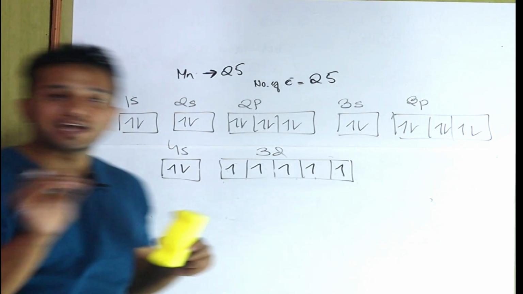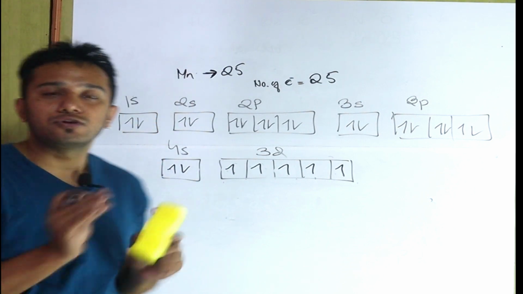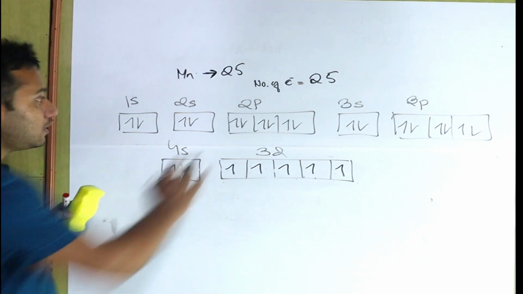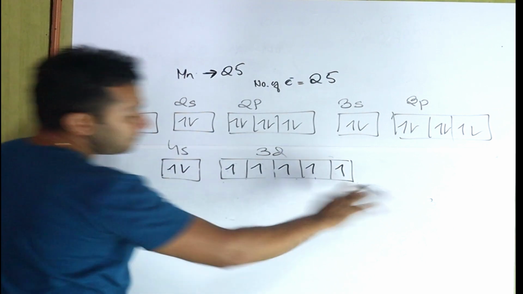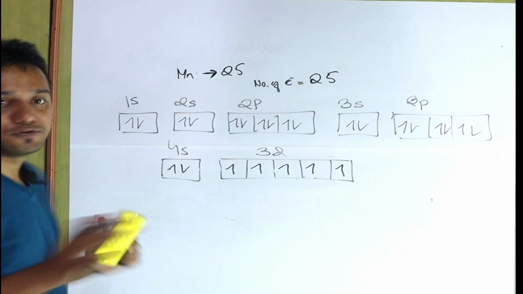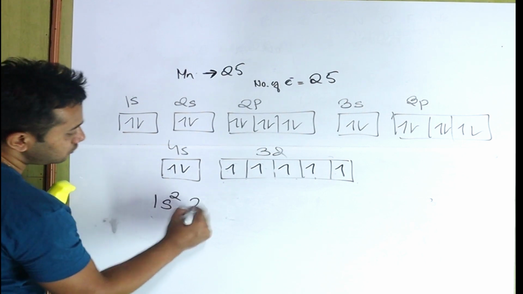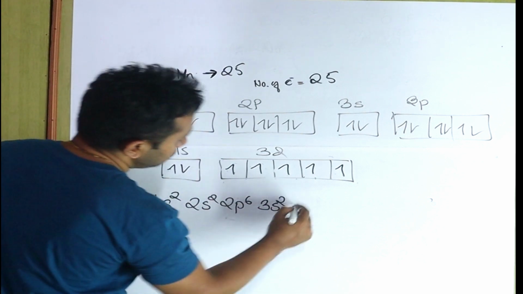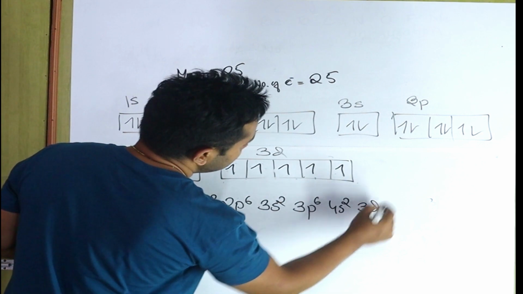Only chromium is exceptional. There may be some more exceptional elements, but so far we have come across only chromium. Manganese is not exceptional. So this is how the electrons will be filled for manganese. The electronic configuration will be 1s2, 2s2, 2p6, 3s2, 3p6, 4s2, 3d5.